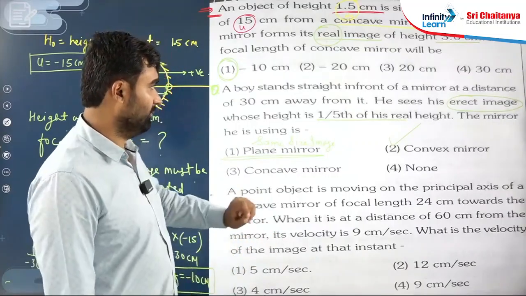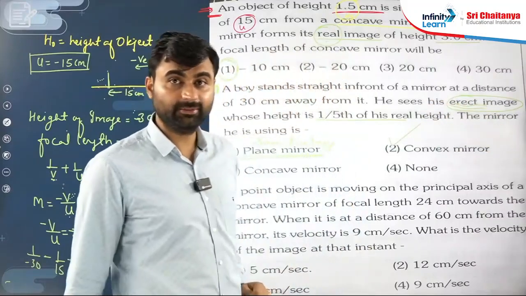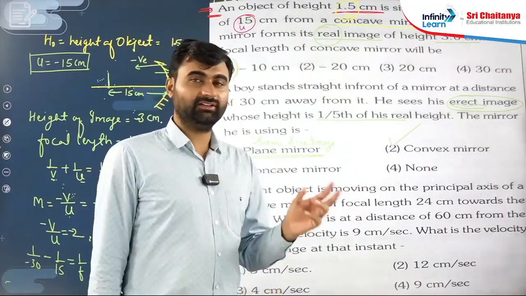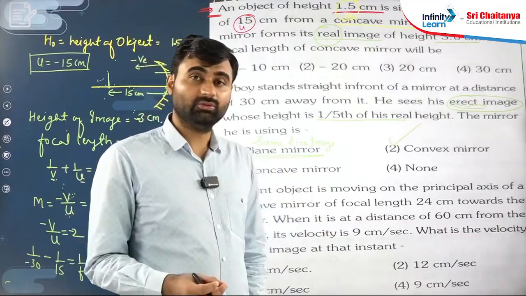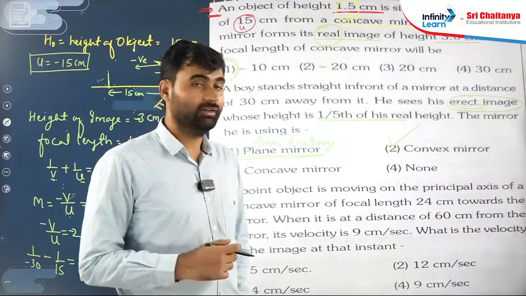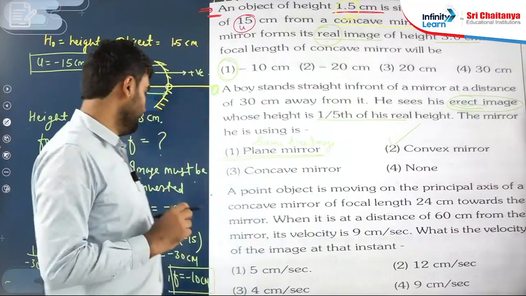Understand. The first point: it is an erect image. Erect image means object and image are both on the same side. Now erect image means magnification is positive, right or not?